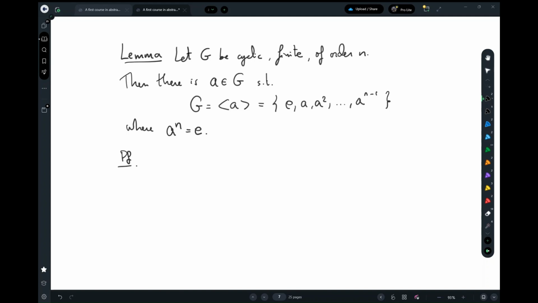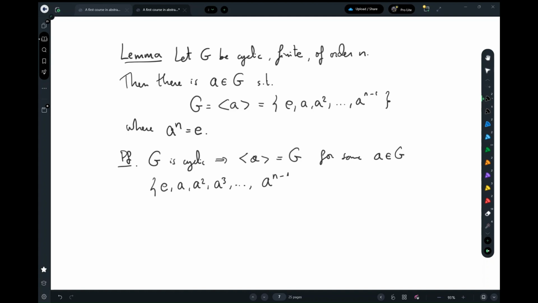Well, suppose G is cyclic. That implies that there is some element that generates G, for some a in G. And now I can write the powers: a squared, a cubed, and by the time I reach a to the n minus 1, these are n elements, where we have assumed that G is of order n, so it has exactly n elements.